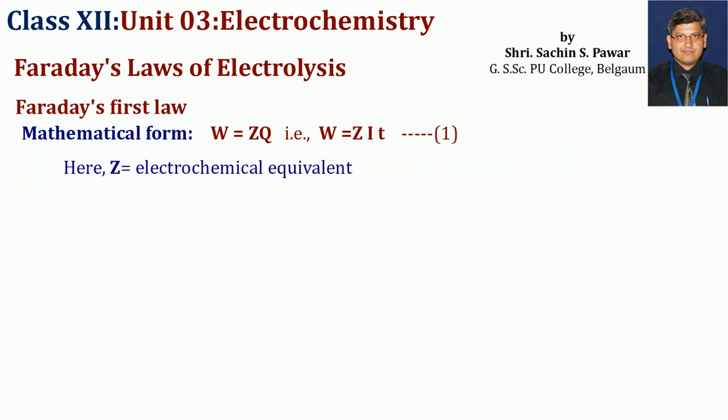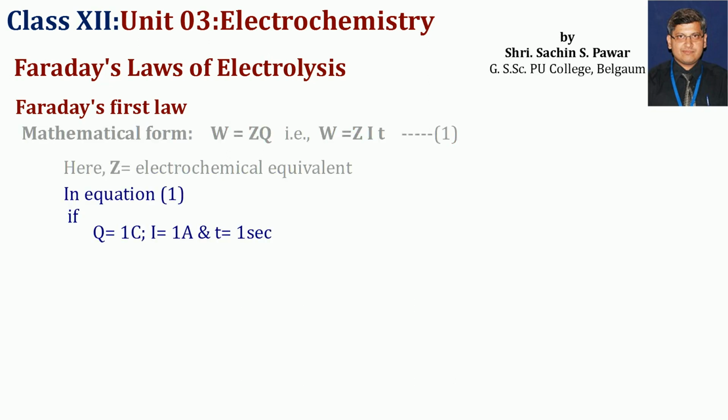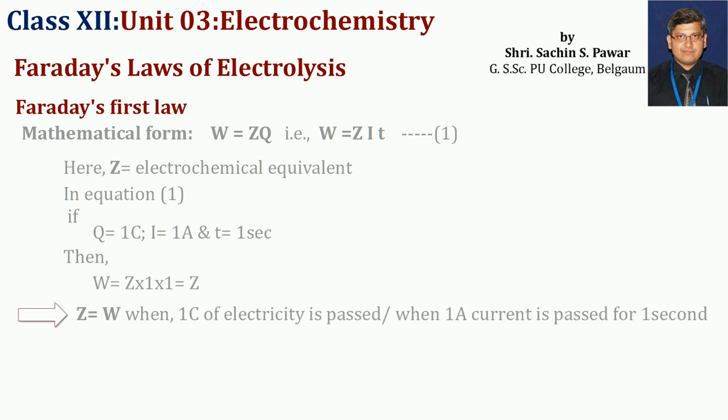In the mathematical form of the first law of electrolysis, the value of Z is unknown, so we have to find out the value of Z. For this, in equation 1, we'll consider the value of Q as 1 coulomb, the value of I as 1 ampere, and the value of T as 1 second. Therefore equation 1 becomes W equals Z into 1, that is equal to Z. That is, Z is equal to W when 1 coulomb of electricity is passed, or Z is equal to W when 1 ampere current is passed for 1 second.